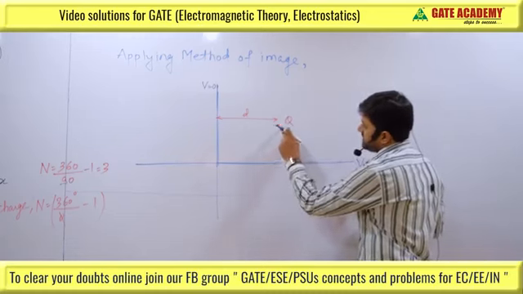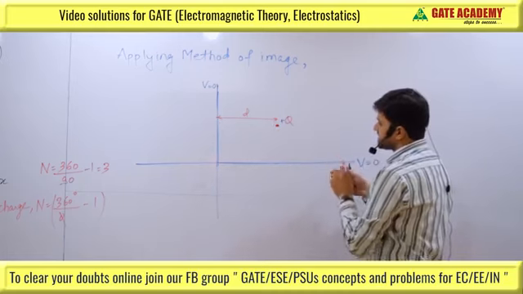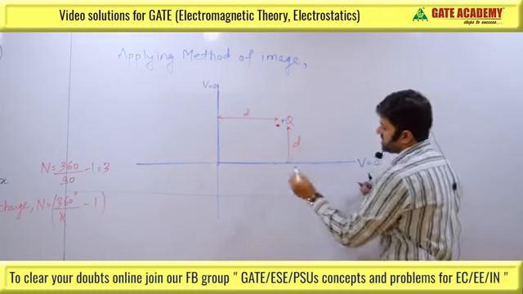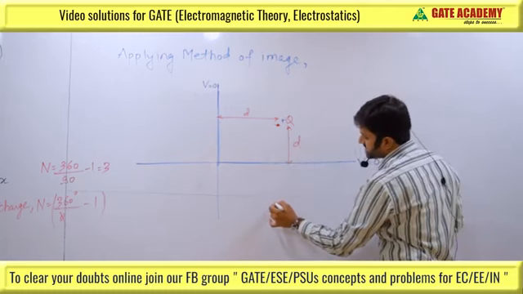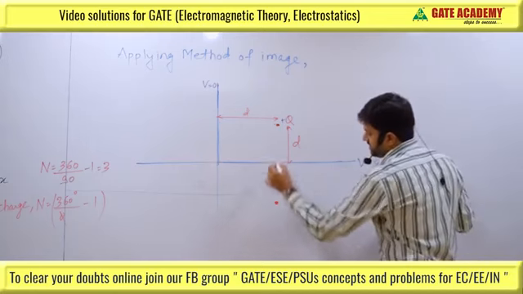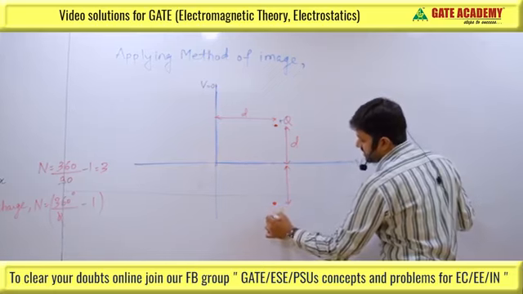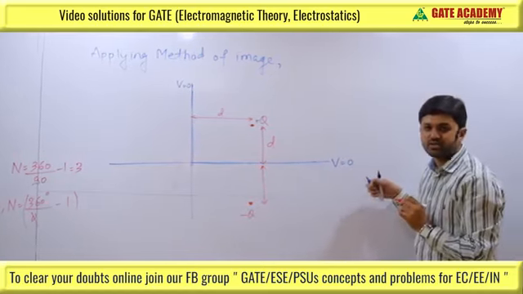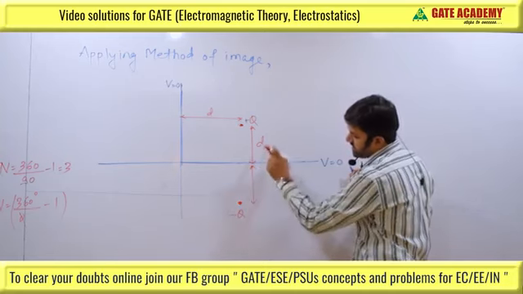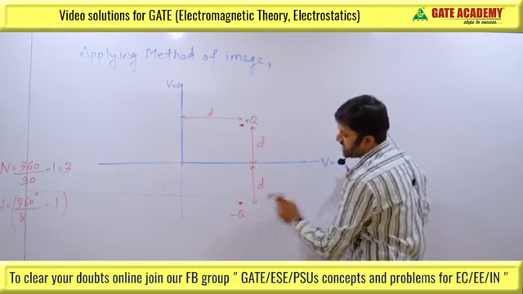So for that, if this is plus q, and this distance is d, to neutralize this particular charge, we should place another charge in the conducting plane with opposite polarity and equal distance from the sheet. So from this sheet with equal distance of d, we are keeping this image charge and the polarity is opposite to it.